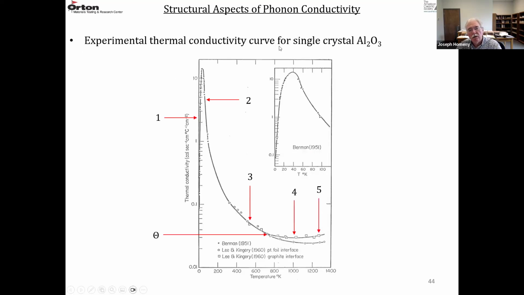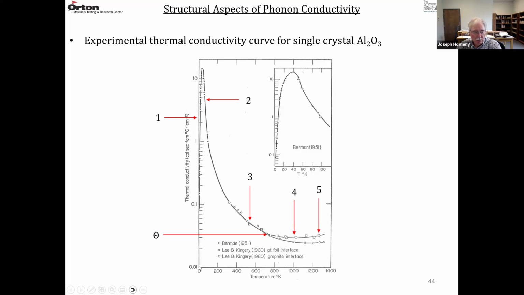So what this means is we can illustrate this for a single crystal of alumina. This is thermal conductivity versus temperature, in degrees K, and this is in calories per second per degree centimeter.